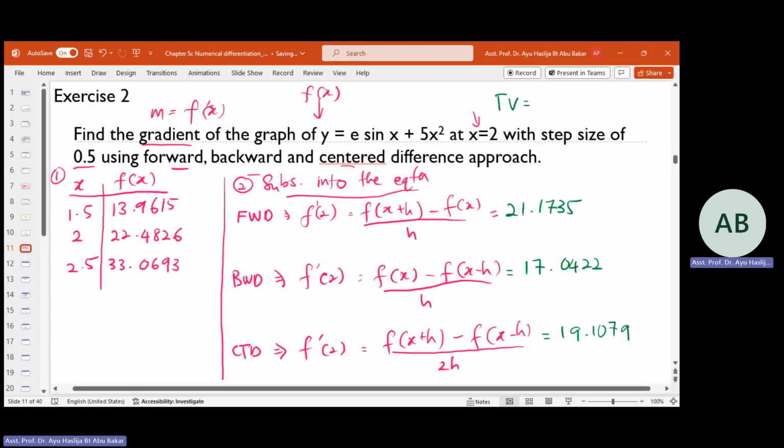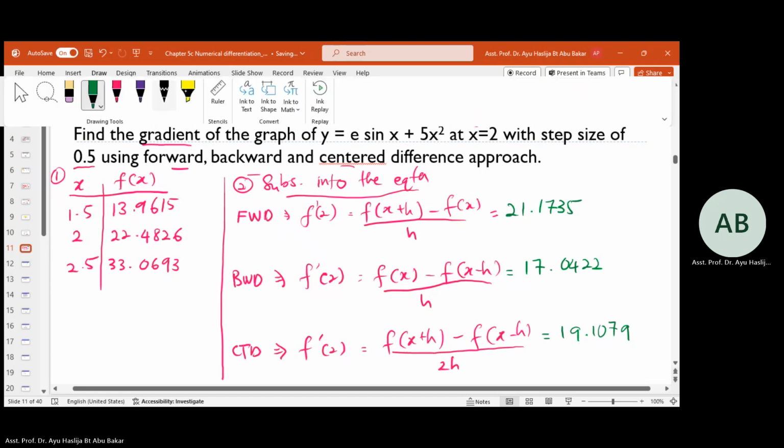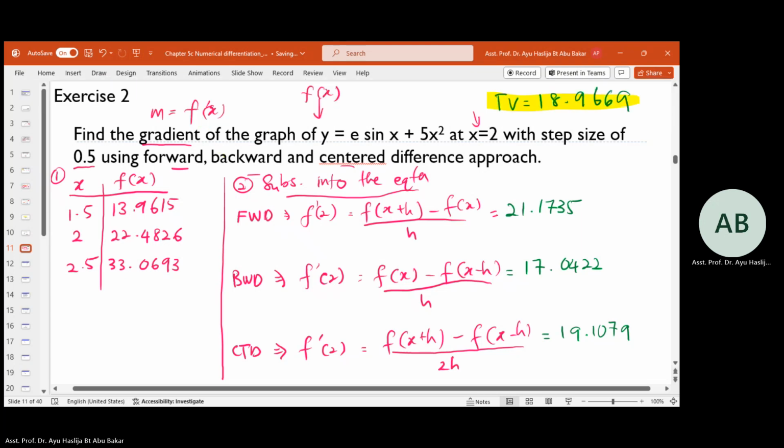What is the true value? Right. 18.9669. Let me know if you're stuck.